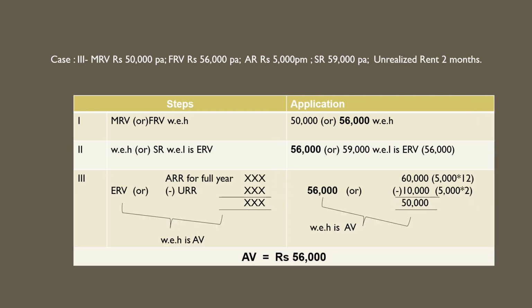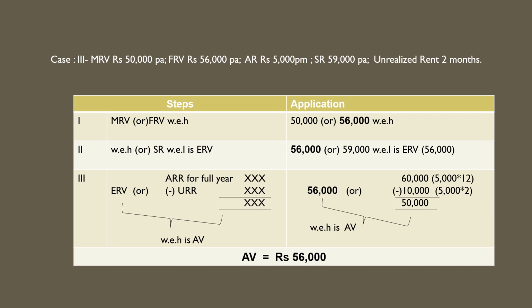Case 3. Same set of information, but when there is unrealized rent of 2 months, then the annual value is calculated in the following way. Here we see the step 1 and step 2 of the case 1 is used here as well.